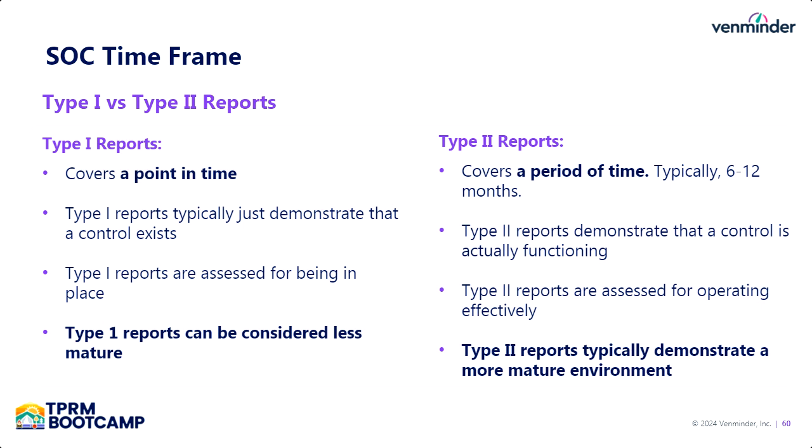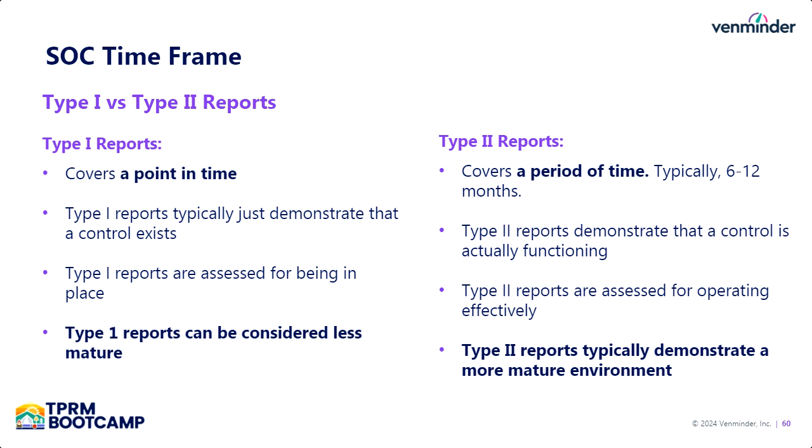So the first piece really is SOC timeframe, right? You have to understand what you're looking at. So there are two types of SOC reports outside of a SOC 1 and 2. There's a Type 1 and a Type 2. A Type 1 report covers a point in time. Type 1 reports typically just demonstrate that a control exists, that it's in place. Type 1 reports are assessed for being in place at that moment in time that the report takes place.